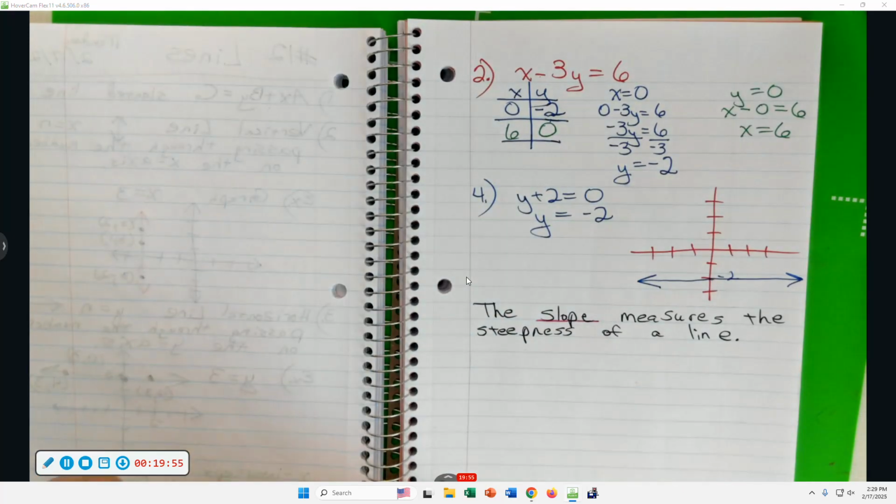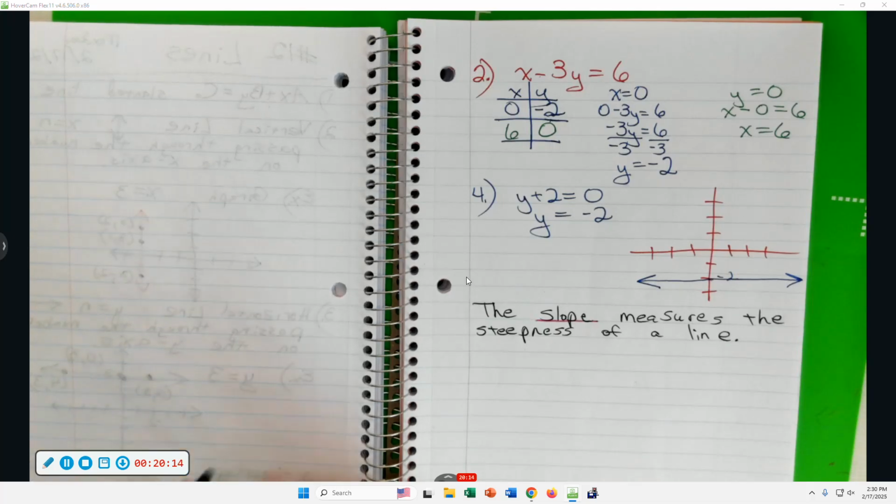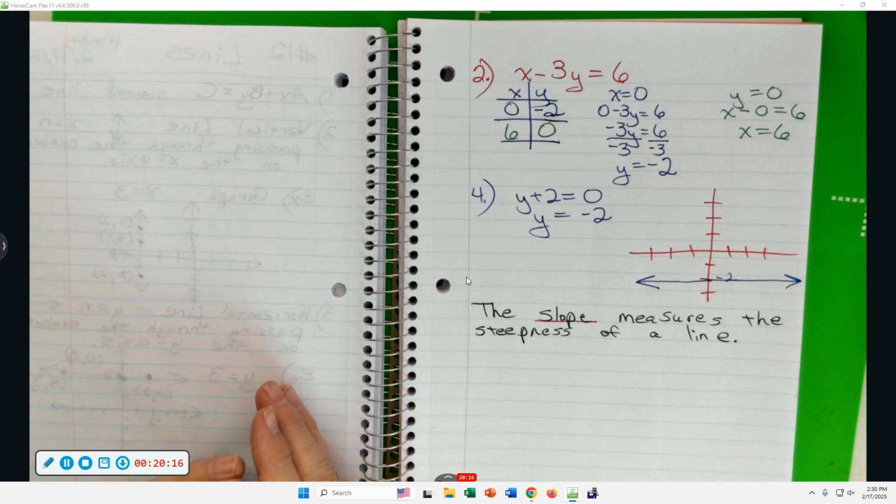How steep is the line? Is it real steep? Is it almost flat? Another way of thinking of the slope of a line is that it tells you how the y value changes when you increase x by 1.